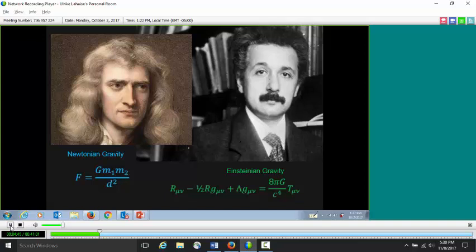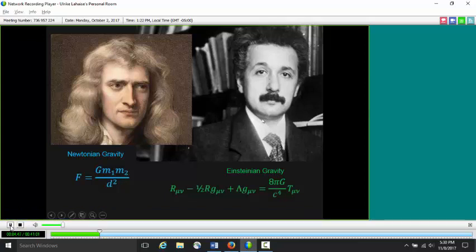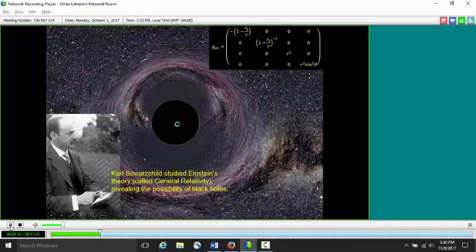Shortly after Einstein released his modern theory of gravity, another physicist named Schwarzschild was studying it and derived a specific case of Einsteinian gravity, the gravitational field generated by a spherically symmetric object.